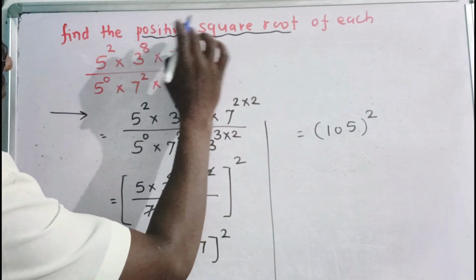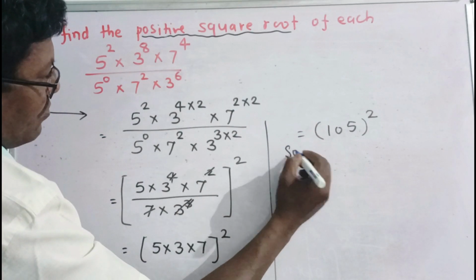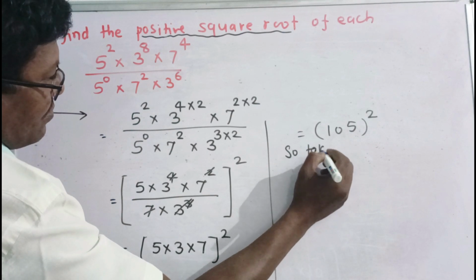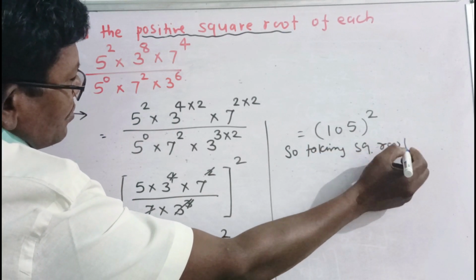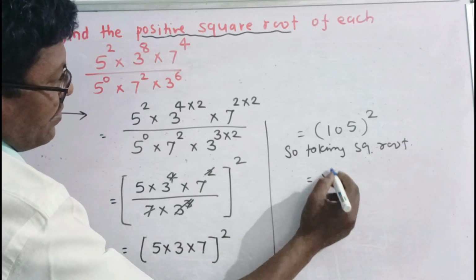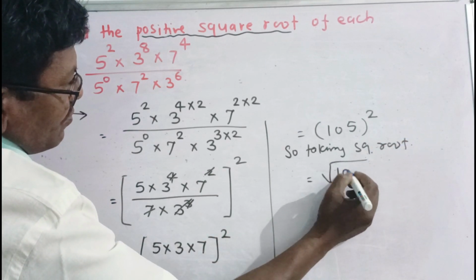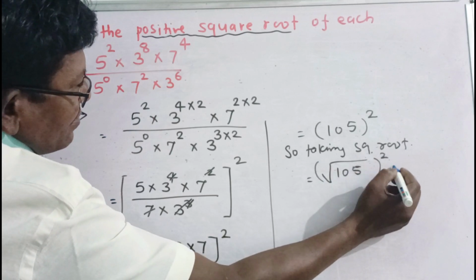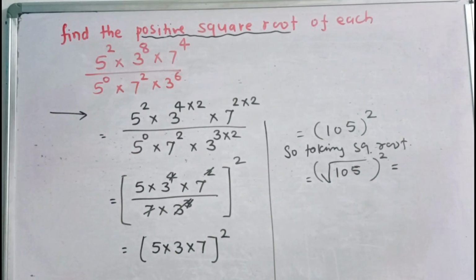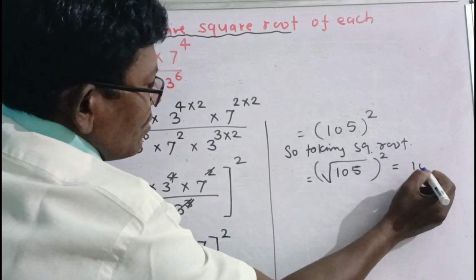We want to find out the positive square root, so taking square root, under root of 105 square is equal to 105.